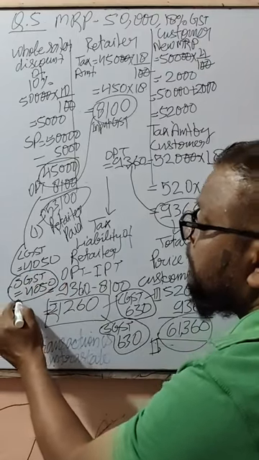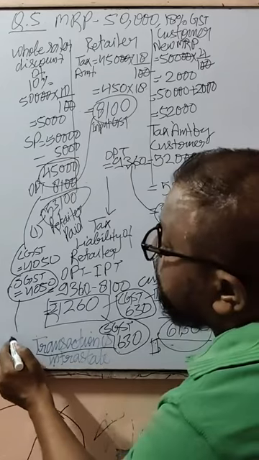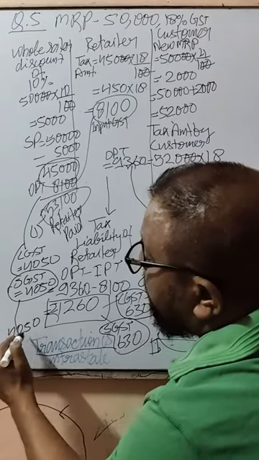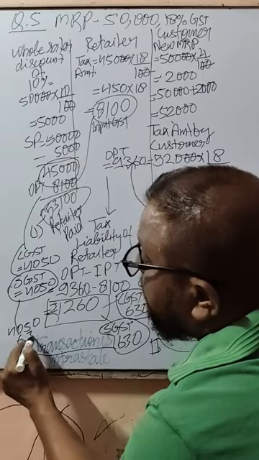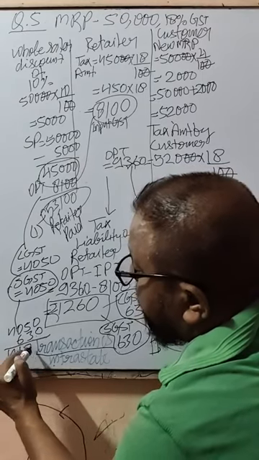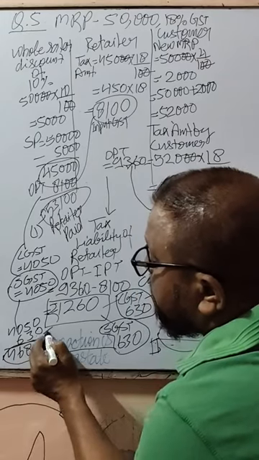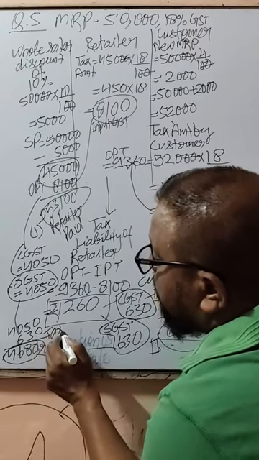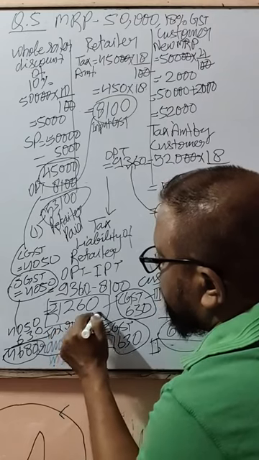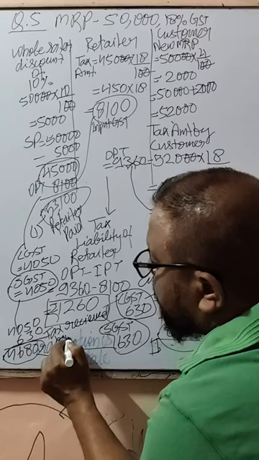So when you add these two, you get 4,050 plus 630 becomes 4,680, tax received by the state government.